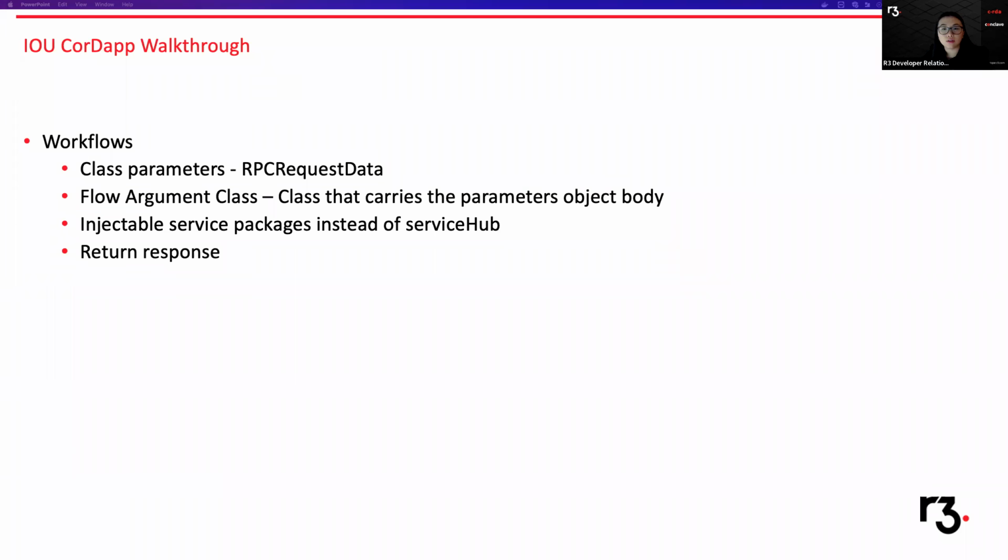So in Next Gen Corda, there is a response body which every workflow will return, as we saw in Swagger. The response body can include a lot of helpful information, and as a result, we can better utilize this response and think of what to do with it. So those are the main differences between Corda 4 and Next Gen Corda when it comes to flows. So moving on.